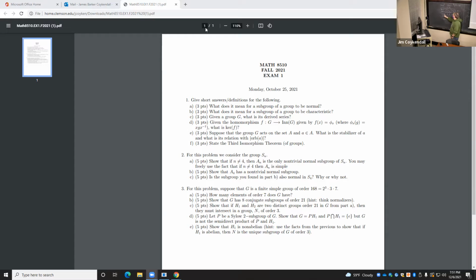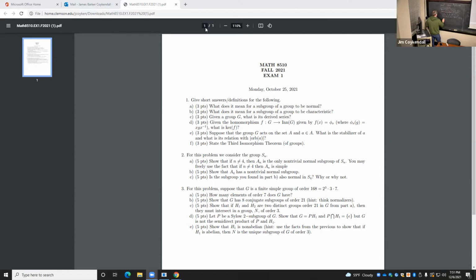Suppose that H1 and H2 intersect in a group of order 3, N. Now, H1 and H2 are both abelian, so N is normal in H1 and N is normal in H2. Correct?